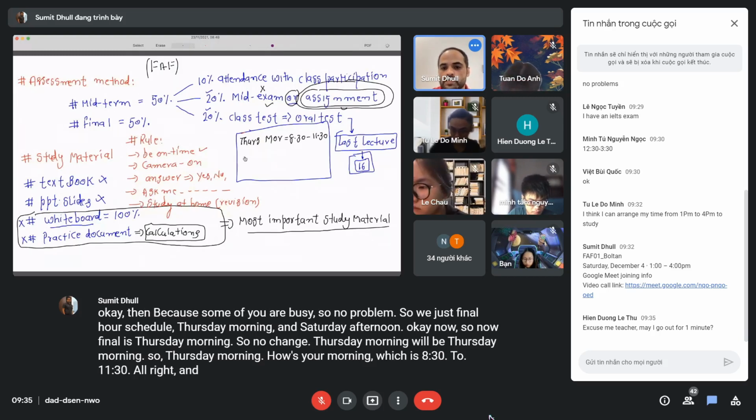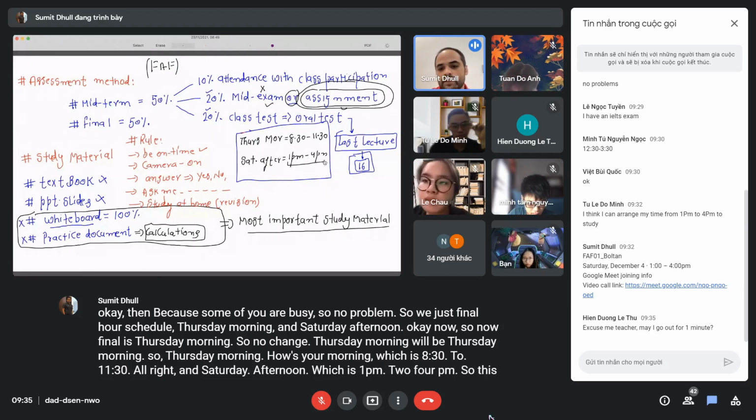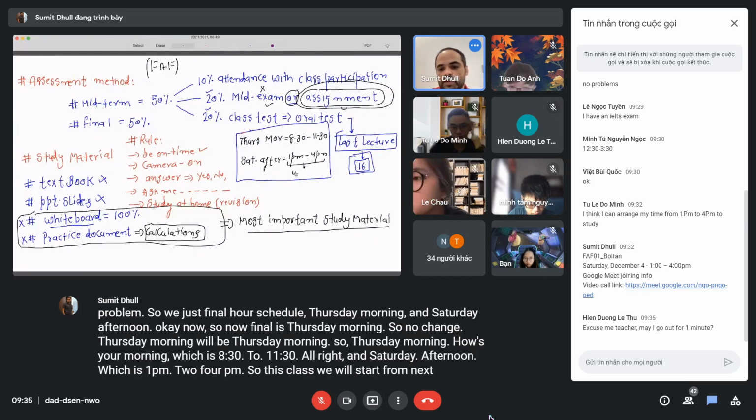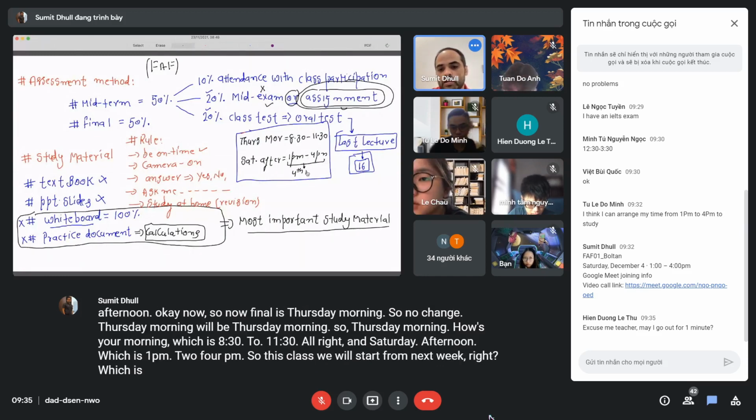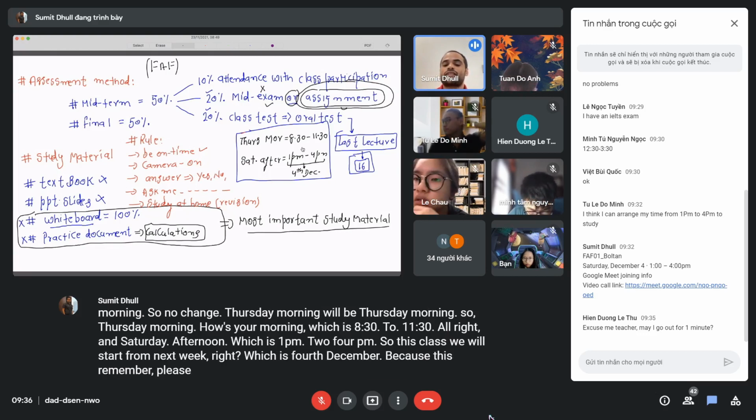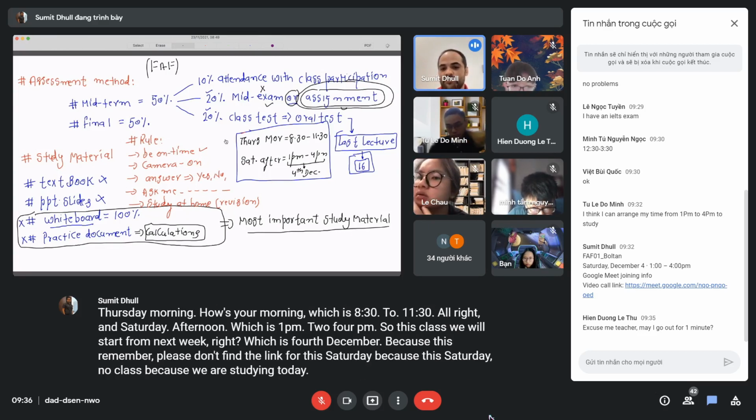And Saturday afternoon, which is 1 p.m. to 4 p.m. So this class we will start from next week, all right, which is 4th December. Remember, please don't find the link for this Saturday, because this Saturday no class because we are studying today. So this is the final schedule.